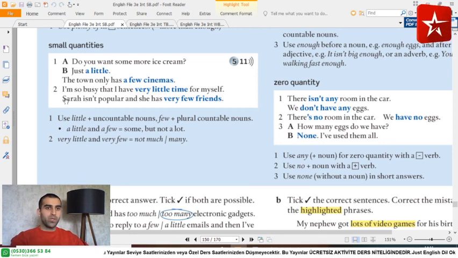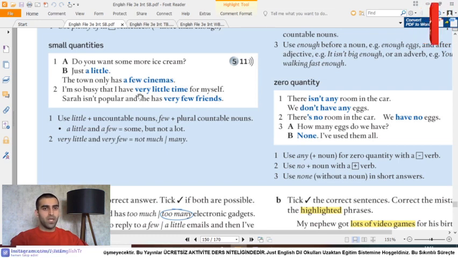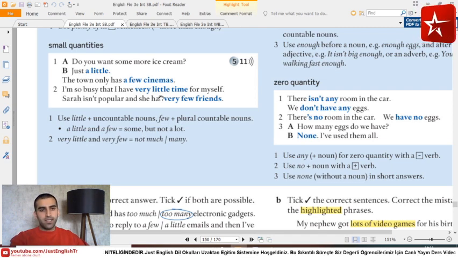And number two, I'm so busy that I have very little time for myself. The second one, Sarah isn't popular and she has very few friends. So as you see, I use very little time and very few friends. Very few with countable nouns, very little with uncountable nouns. And you can ask me what's the difference between a little and very little, a few and very few.